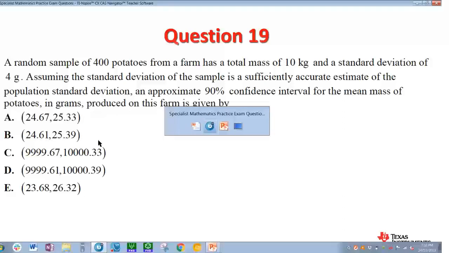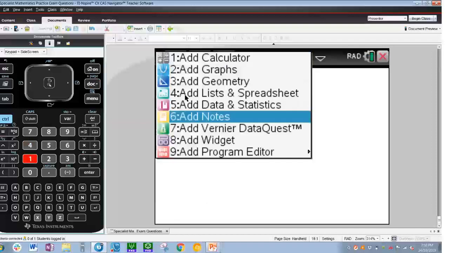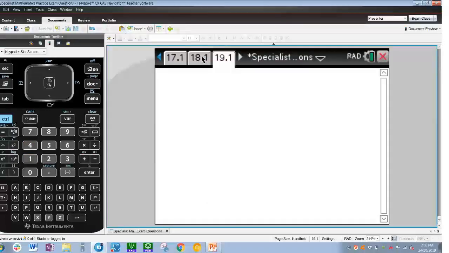So before we get down to a confidence interval, we'd like to get, first of all, the sample mean. So the sample mean is simply 10 kilograms, which is 10,000 grams, divided by the 400 potatoes. So the sample mean for this particular sample is 25.